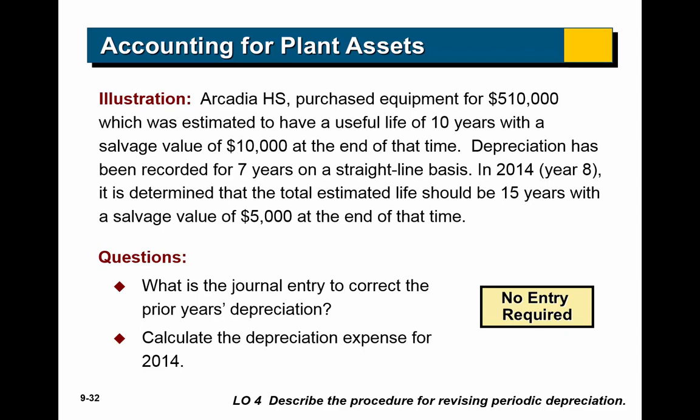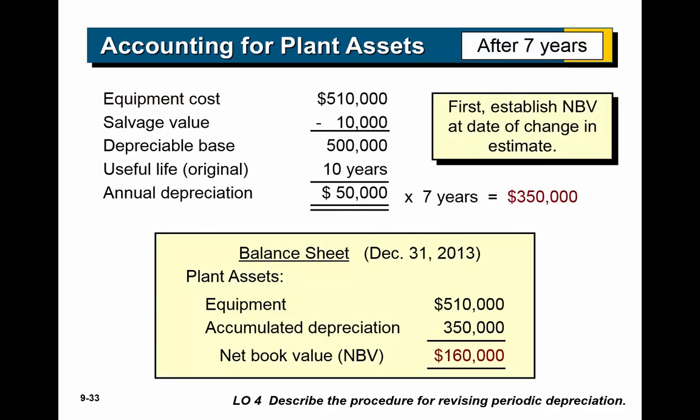So then it tells us to calculate the depreciation for 2014. So in order to do that, we have to find an updated book value. Okay, so we know that we've been depreciating $50,000 a year. We figured that out by the original cost of $510, subtract out the salvage value of 10, gives us a depreciable value of $500,000, divide that by 10 years.